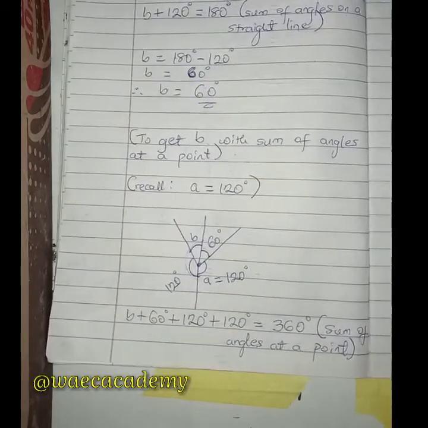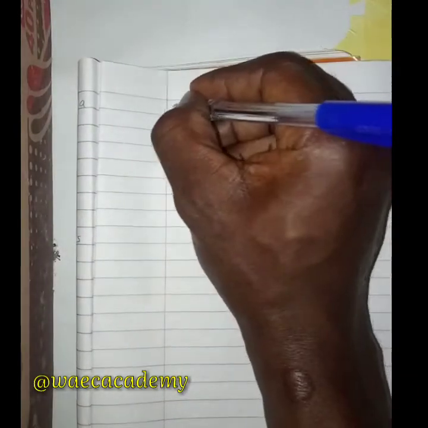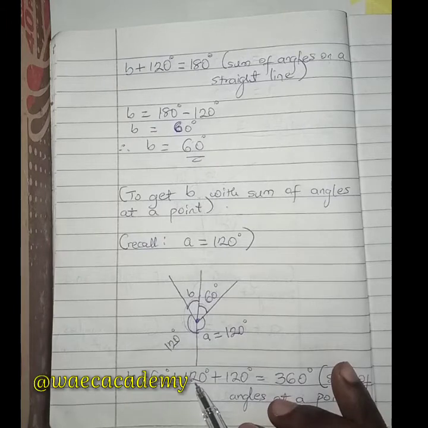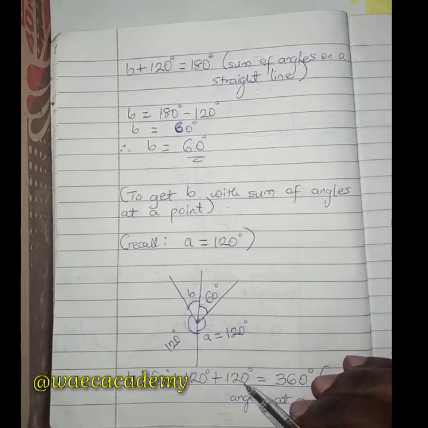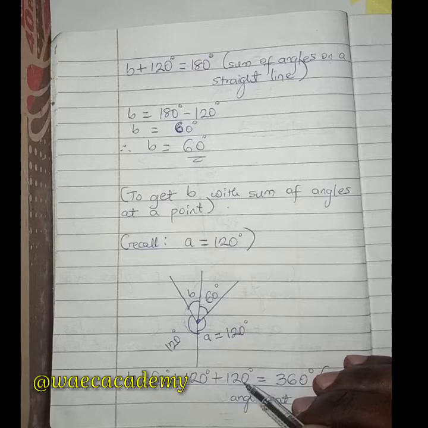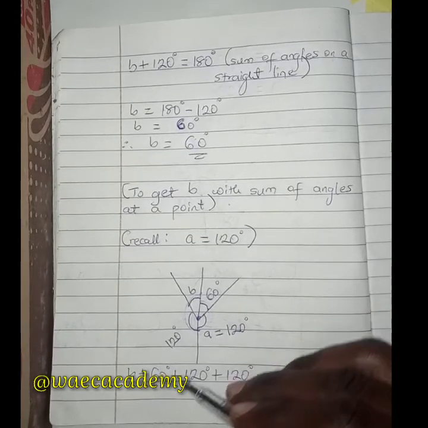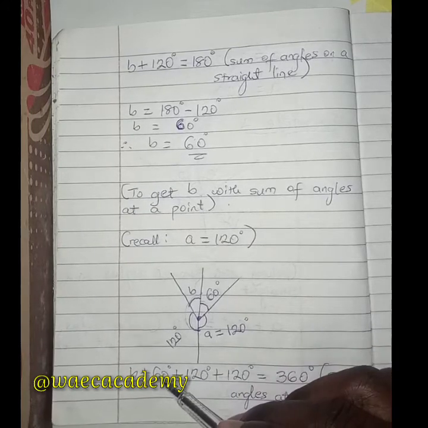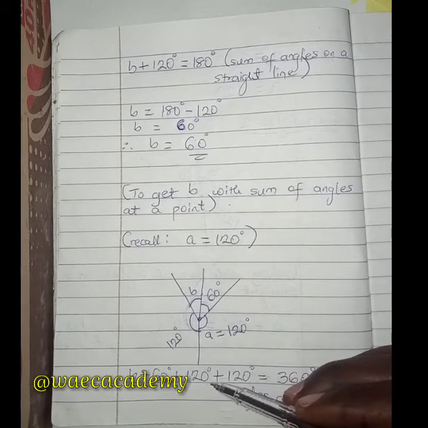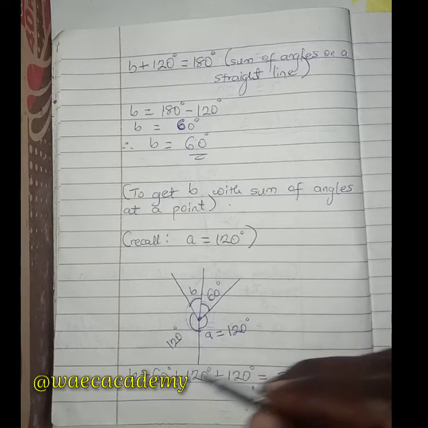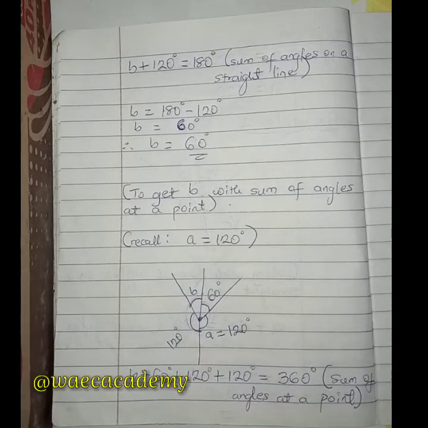So let us continue. With that, we have B plus, if you add up all these different things, 120 plus 120, that's 240. Then you add 60 to it, it becomes 300 degrees.